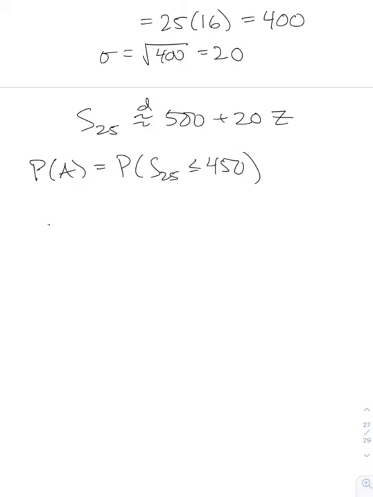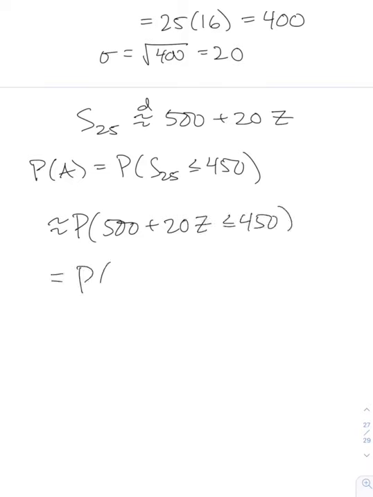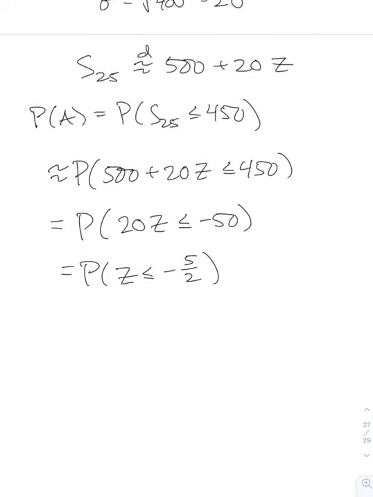All right, so this is now going to be approximately equal to the probability that 500 plus 20z is less than or equal to 450. Okay, so that's the probability that 20z is less than or equal to -50. So the probability that z is less than or equal to -5/2, which is, well, it's phi of -5/2, or -2.5, but you can't get the negative values off the table.